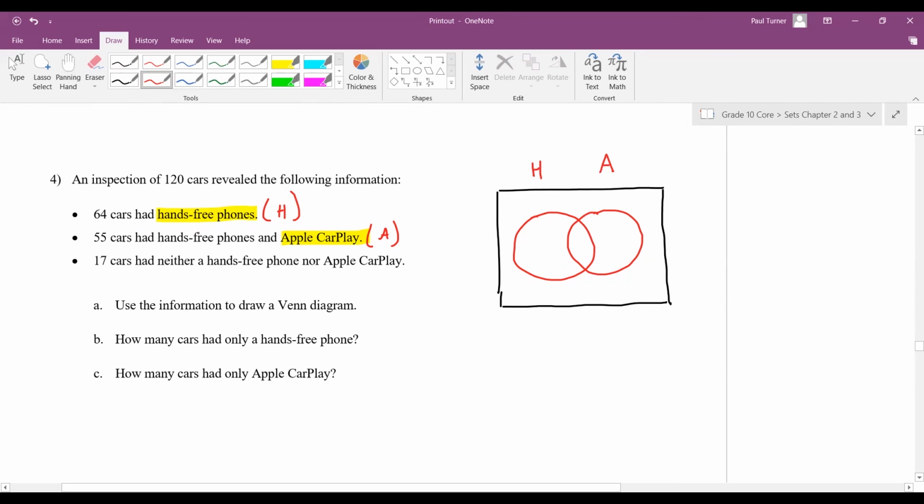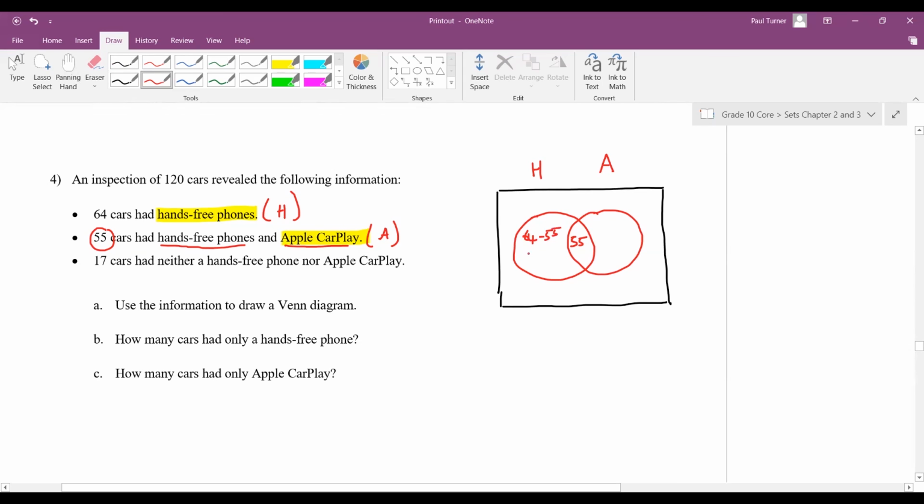So let's see, 55 have both. You see this? This is the case where we know the intersection. 55 had hands-free phone and Apple CarPlay. So 55 goes in the middle here. 64 had hands-free phones, so here would be 64 minus 55.